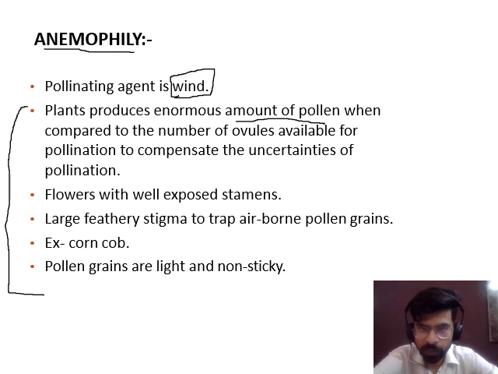The number of pollen grains produced is high because through air currents some pollen grains are wasted. So the plant has to produce more pollen grain so that it can land on the stigma.